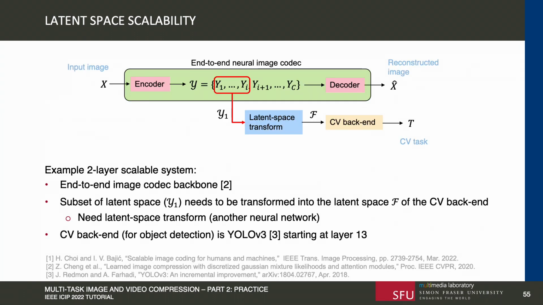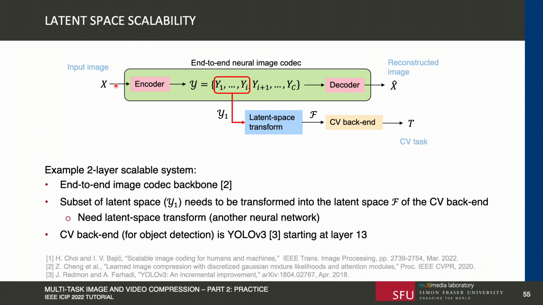So let's look at one example of a specific two-task system developed based on this concept of latent space scalability. Here we have this system shown in green, an end-to-end neural image codec, and in this example this is basically the Chang 2020 end-to-end neural image codec, but it has been redeveloped and retrained to support this latent space scalability.